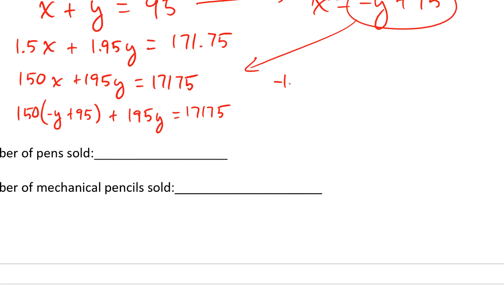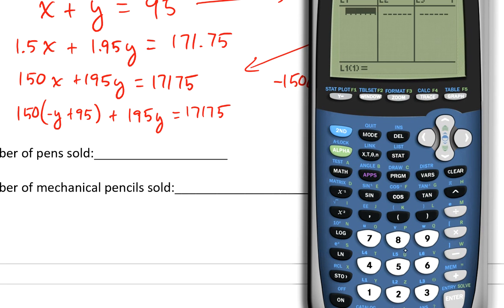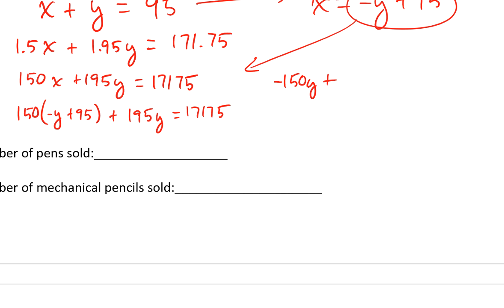And now there's only the one variable y here, so we're going to go ahead and solve that. This is messier than I thought it would be. This is going to be a negative 150y, and then plus I need 95 times 150. 95 times 150 gives me 14,250.